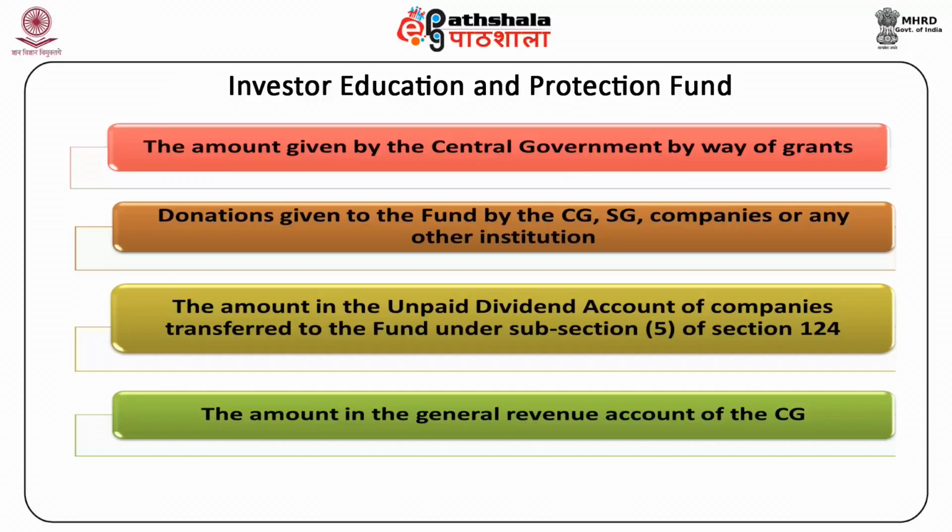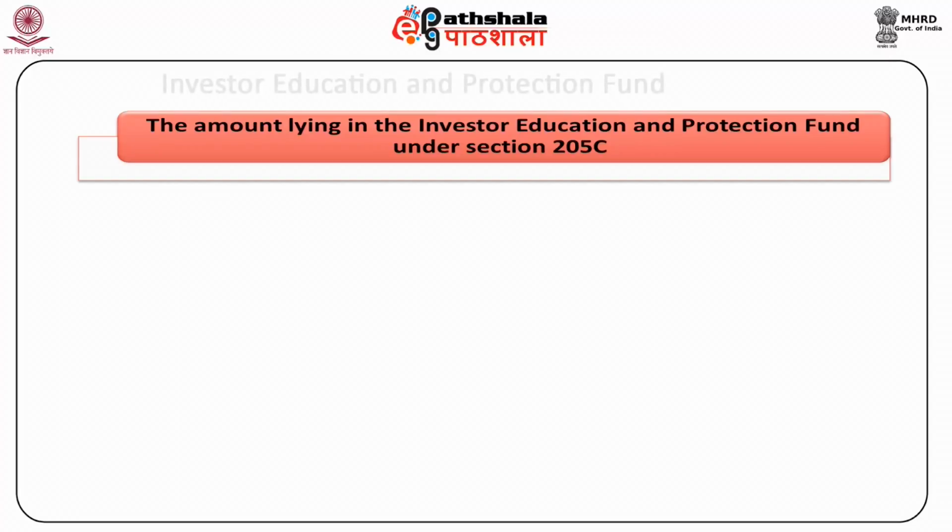D. The amount in the general revenue account of the central government which had been transferred to that account under subsection 5 of section 205A of the Companies Act 1956, as it stood immediately before the commencement of the Companies Amendment Act 1999, and remaining unpaid or unclaimed on the commencement of this Act. E. The amount lying in the Investor Education and Protection Fund under Section 205C of the Companies Act 1956.